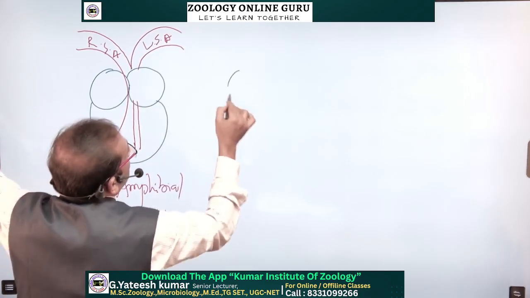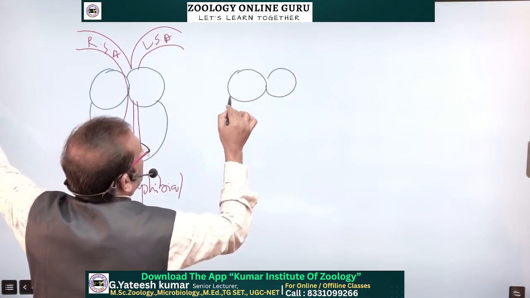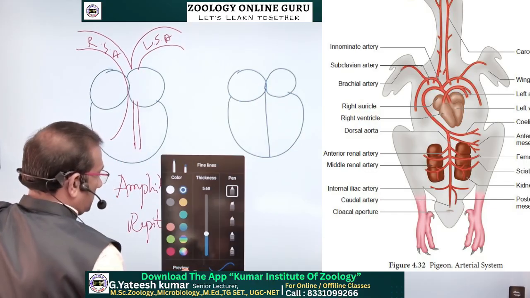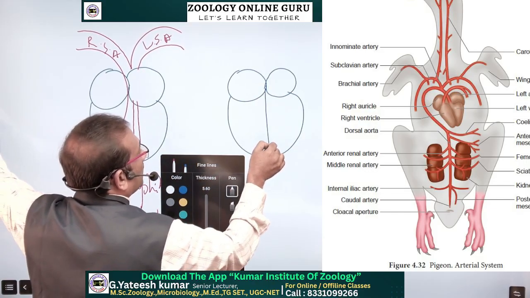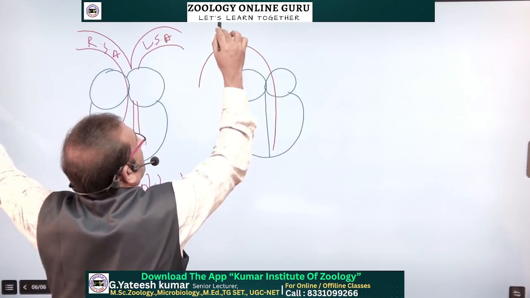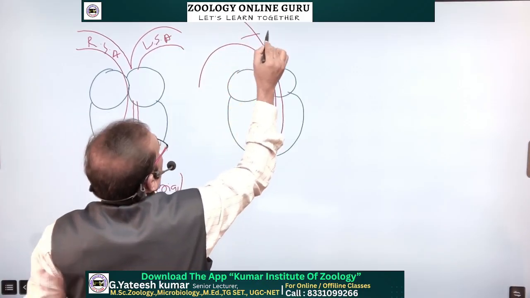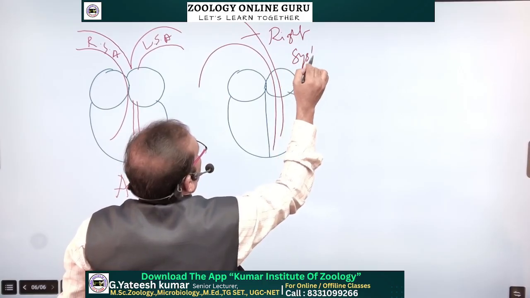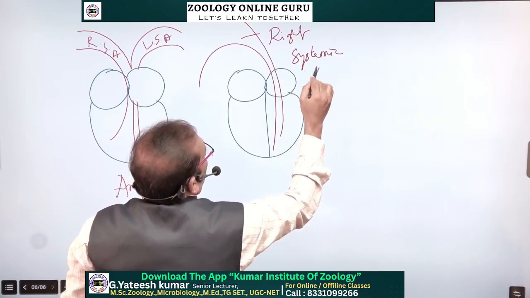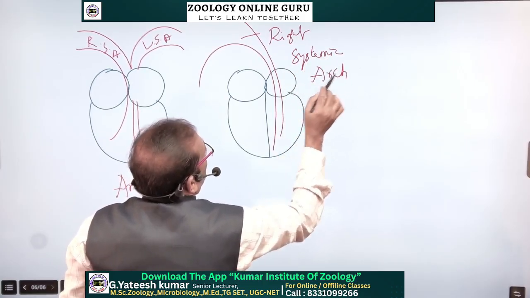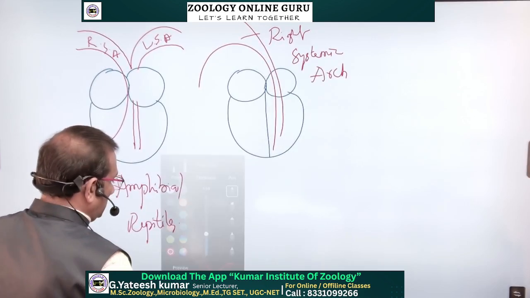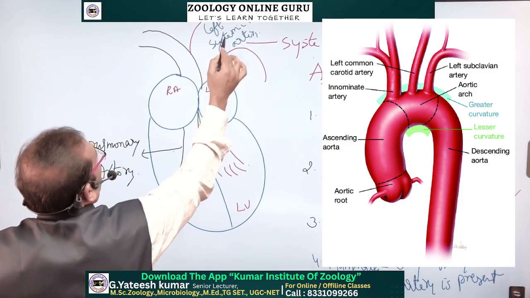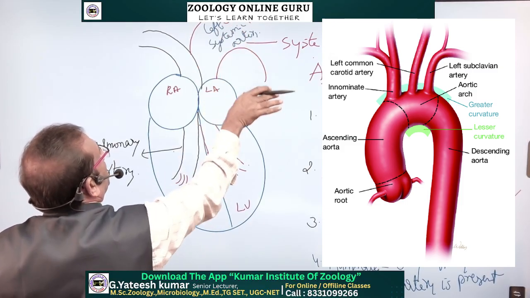Coming to birds, only the right systemic arch is present, but in our body only the left systemic arch is present.